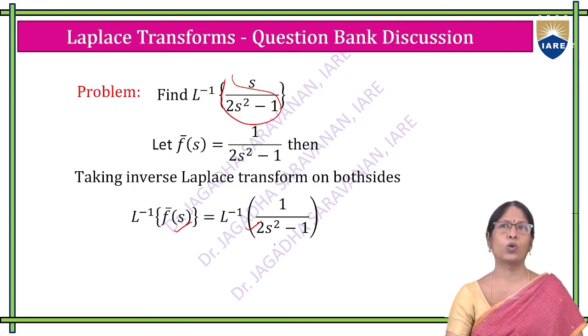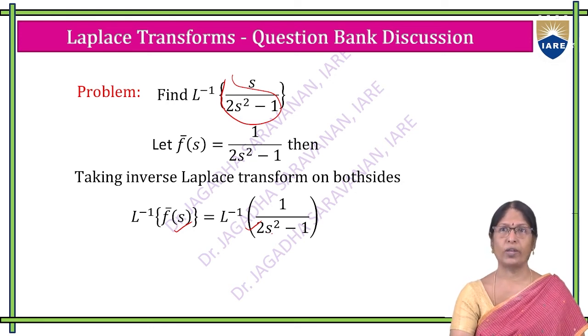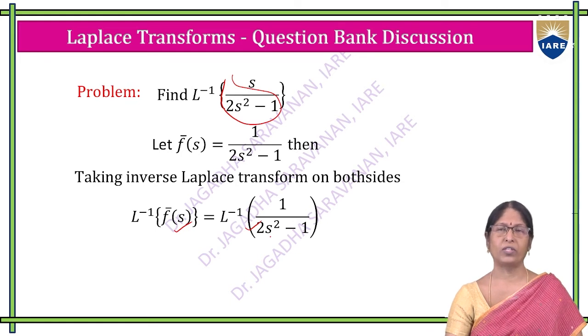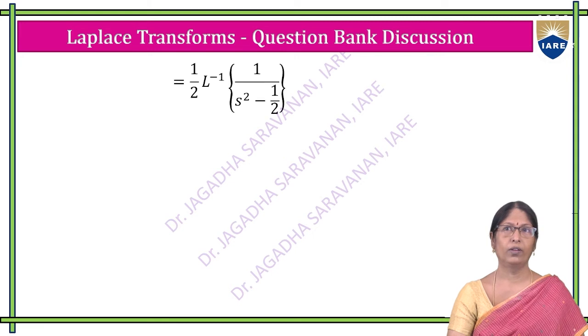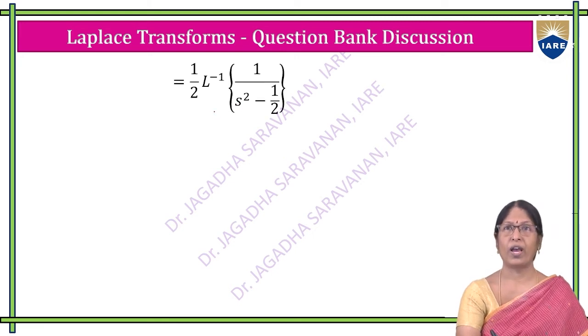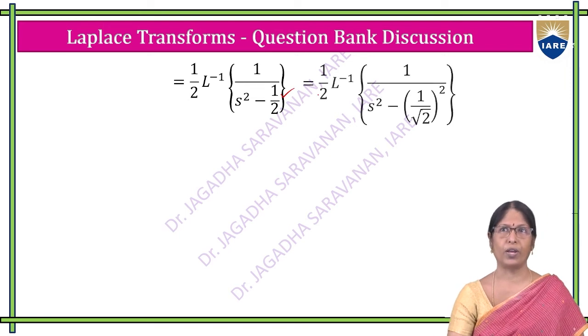We have the elementary functions formula, s square plus a square or s square minus a square, so this 2 is not required to fit such formulas. For that, we take the 2 outside. Then this is the simplification we obtained.